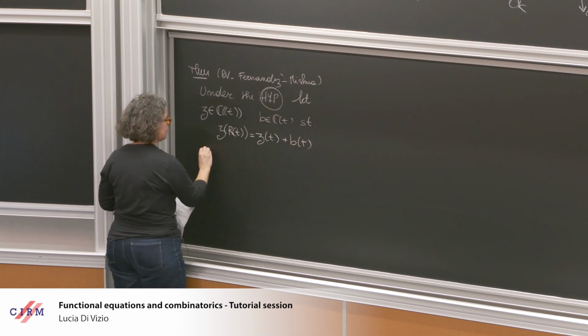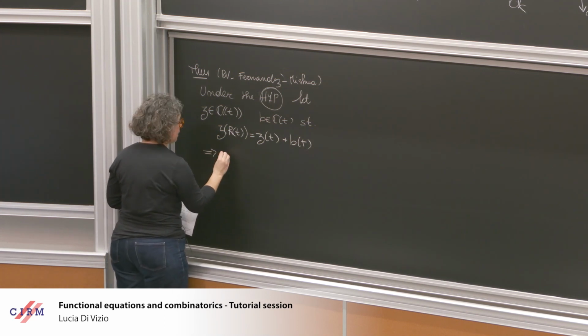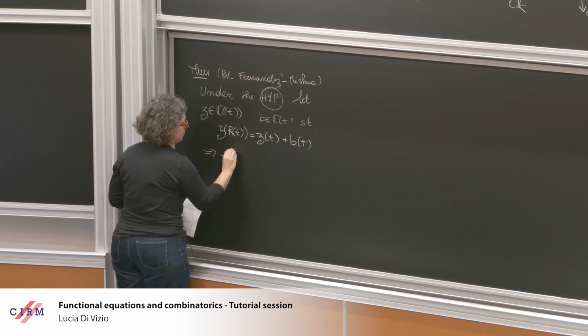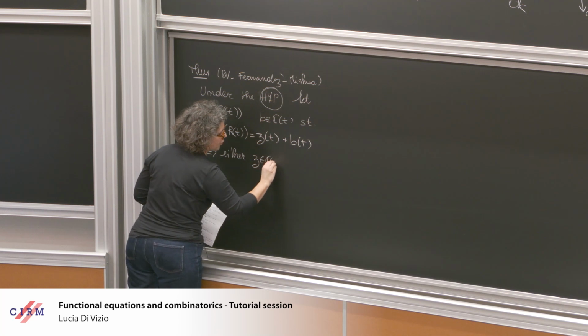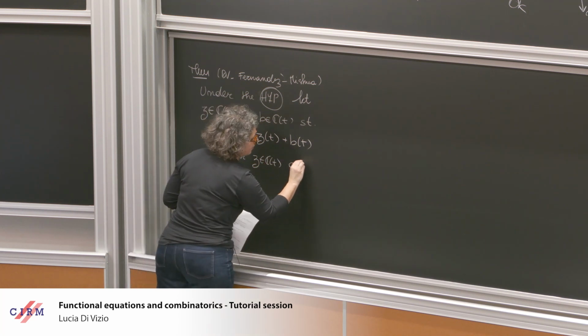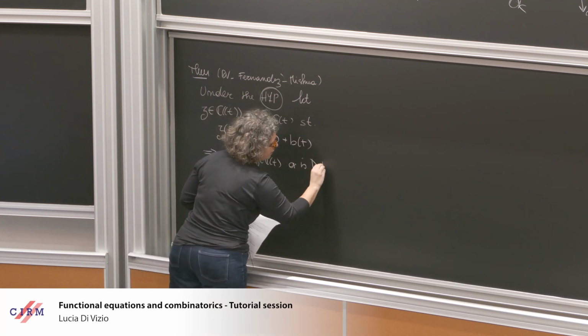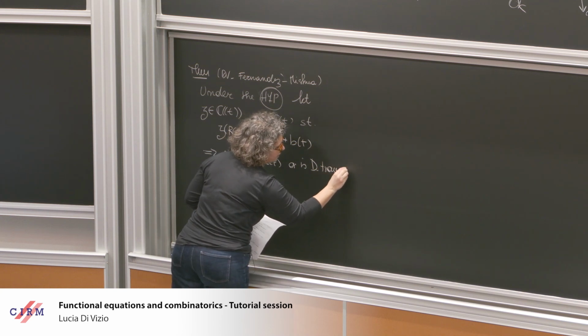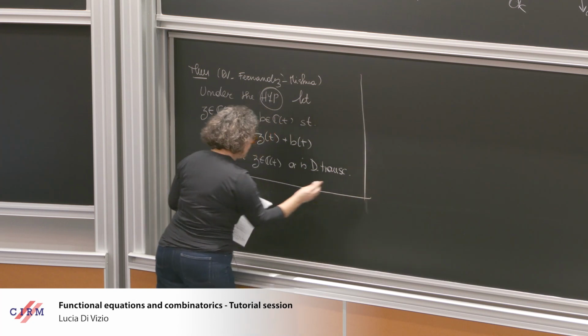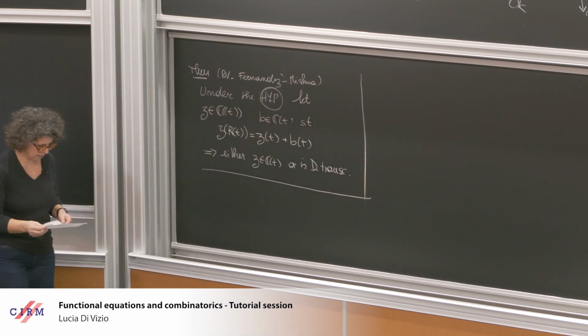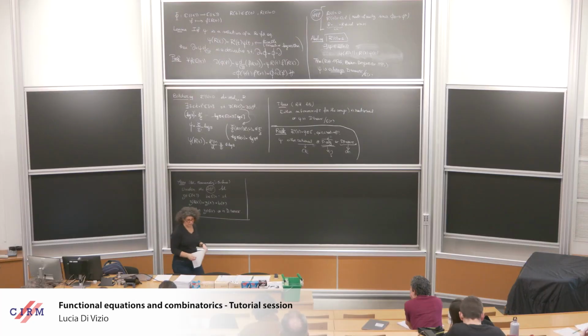Then either Z is a rational function or Z is D-transcendental. Okay, that's the statement, which is pretty much like the other statement we saw yesterday.